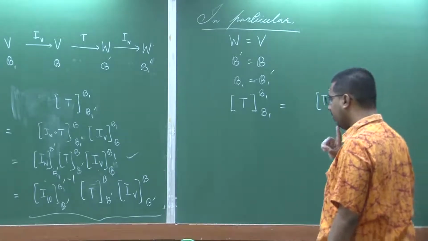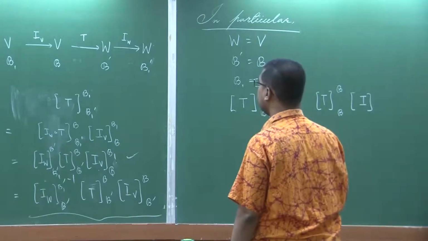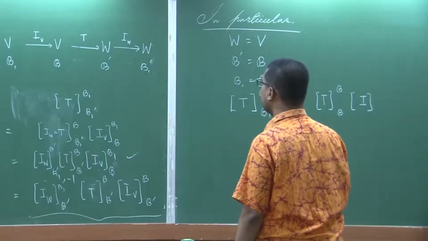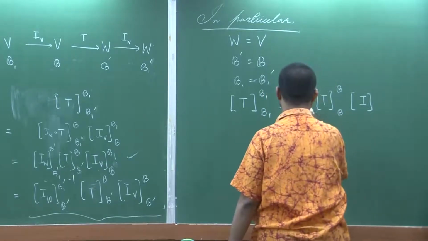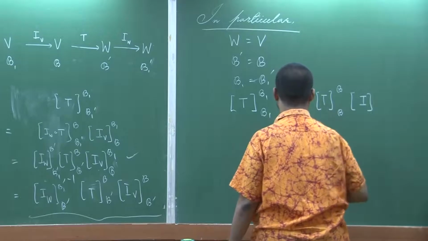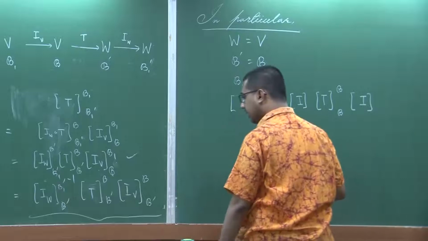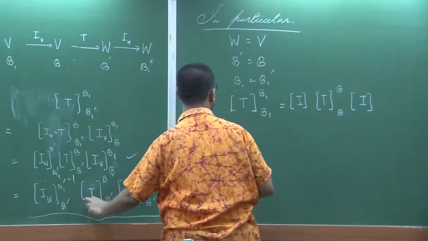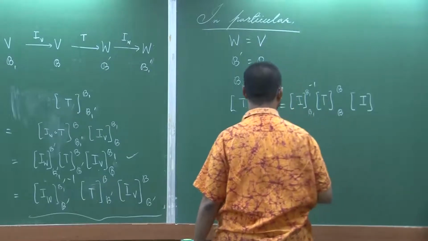what are we doing? Did I make any mistake here? It does not seem so. BB. So, this will come. So, again I will have the identity map here. So, what is the map here? Let us see. So, this is the inverse of B1 prime equal to B1. So, B1 inverse, right.